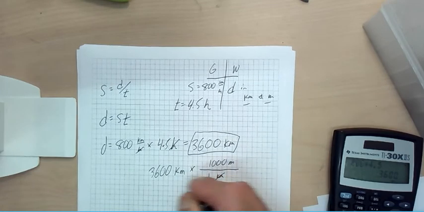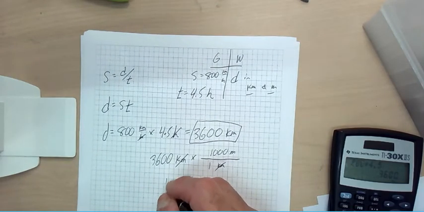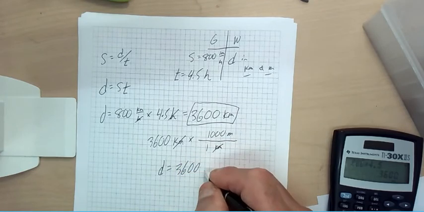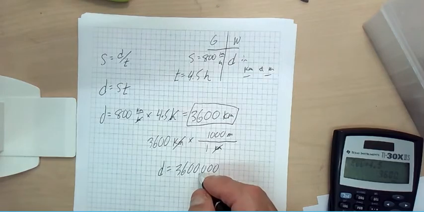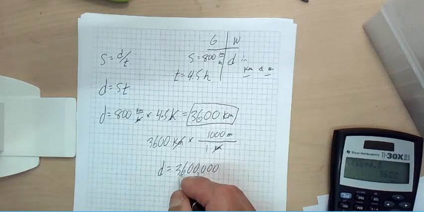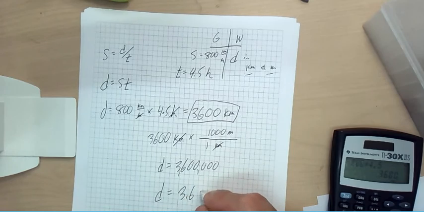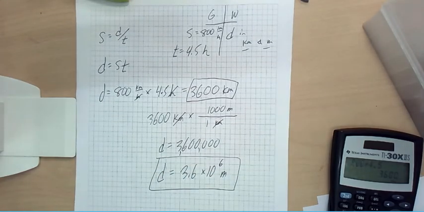Now my kilometers cancel, and 3,600 times 1,000 is 3,600,000. But don't say that in polite company, because this is better stated as 3.6 million. Distance is 3.6 times 10 to the 6 meters. And that's how you do those problems.